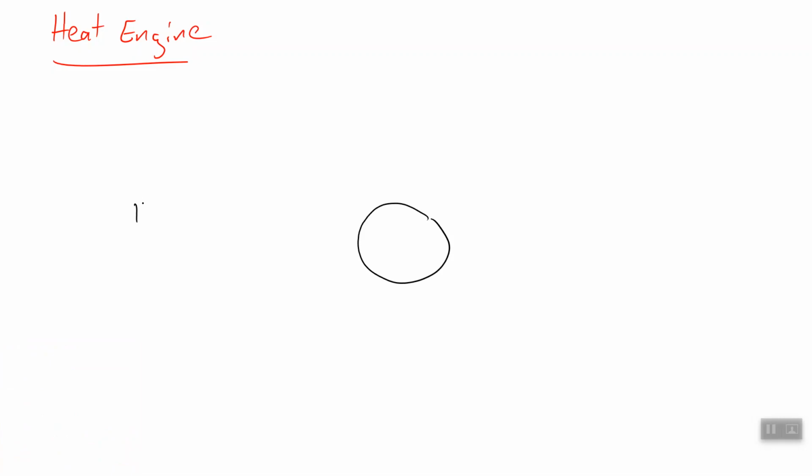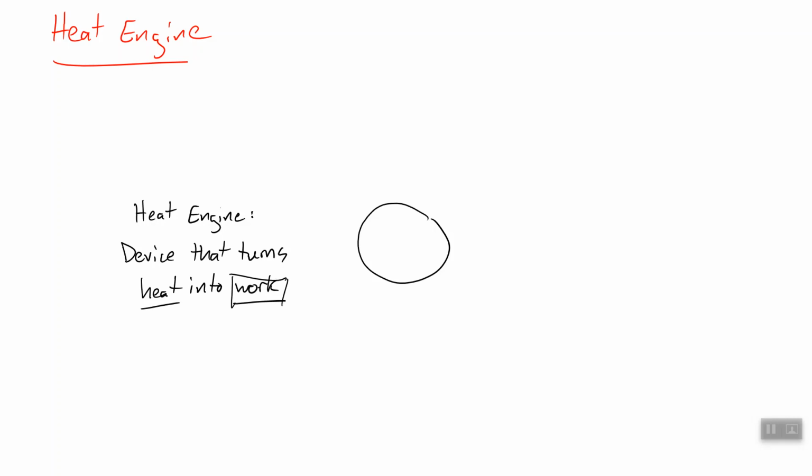This is our heat engine, this circle. Okay, and what a heat engine does is it's a device, and its only job is to turn heat into work. When we say work, we mean something like mechanical work. So take heat, just the movement of thermal energy, and turn it into mechanical work.